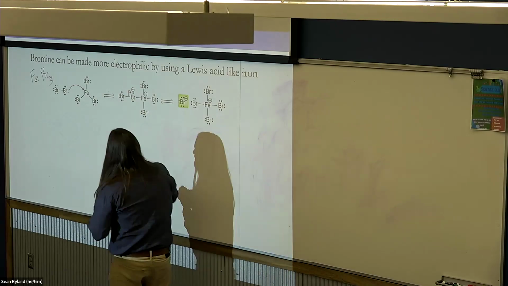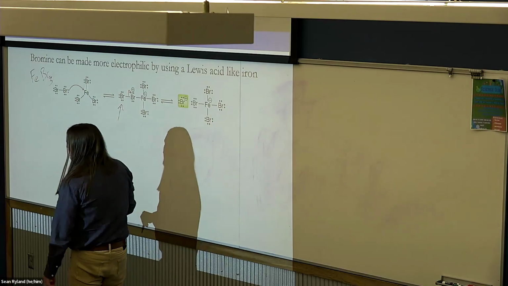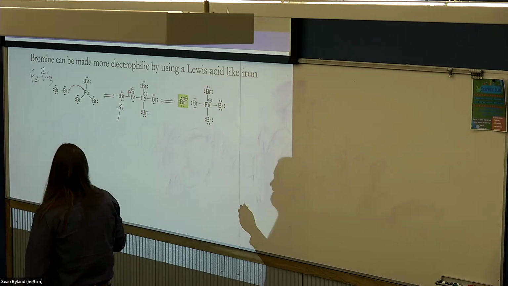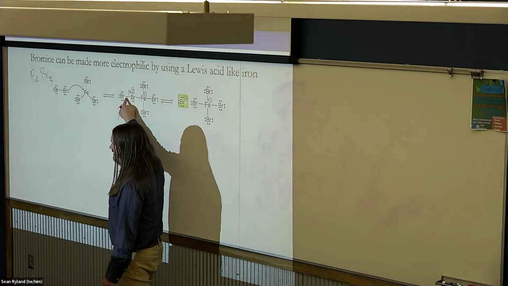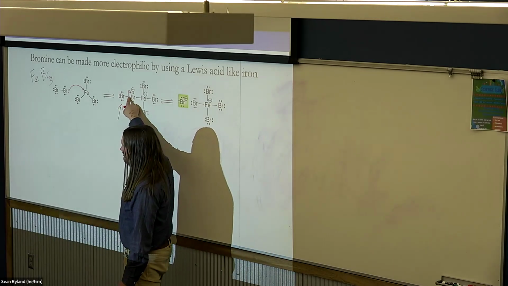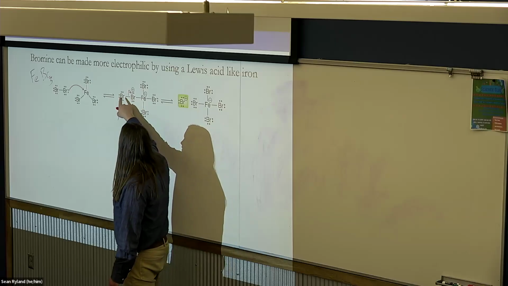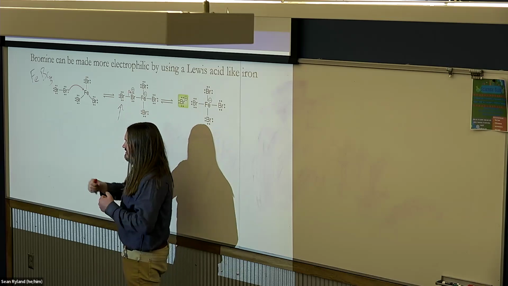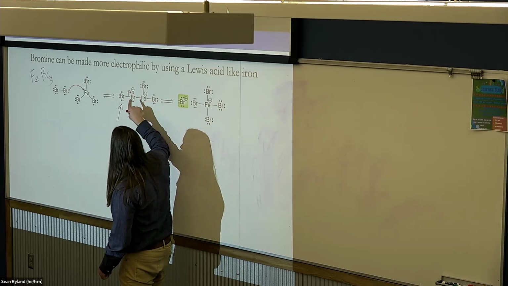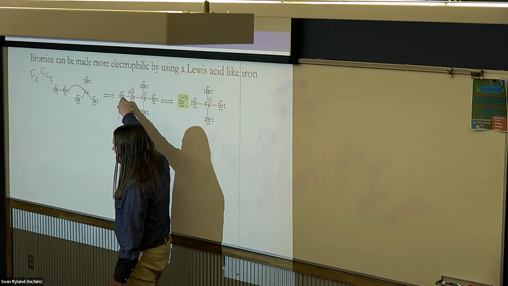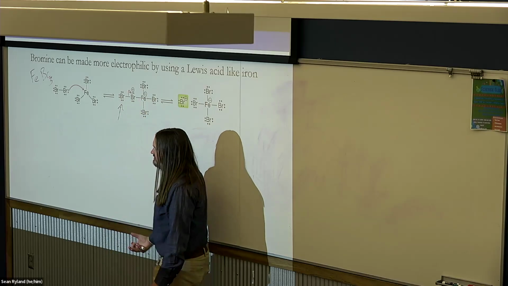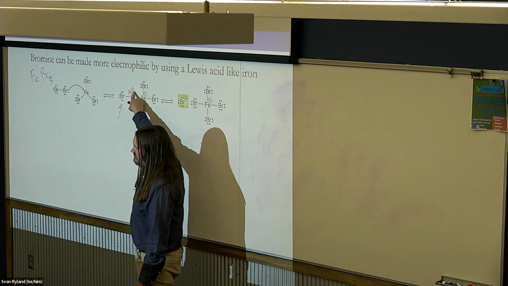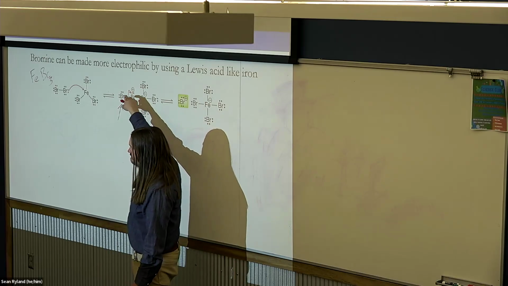So by doing this, this last bromine, the one that's not directly attached to the iron, is very loosely attached, and it doesn't have priority when it comes to pulling on these electrons. So even though this is a bromine to bromine single bond, which we would expect to be pure covalent with evenly shared electrons, the fact that the iron's there and this bromine has a positive charge means this bromine is actually missing electrons. It's donating some of the electron density to this bromine to account for that positive charge.